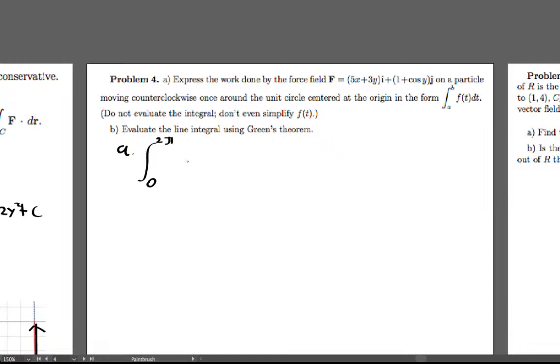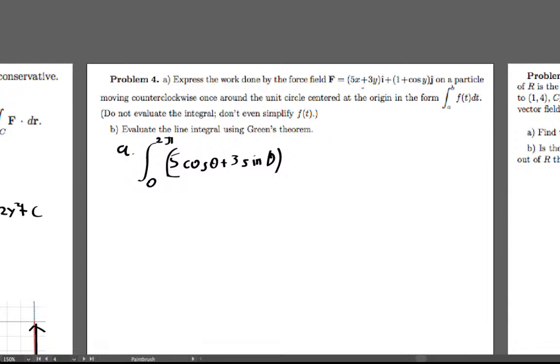When you plug in x, it would be 5 cosine theta plus 3 sine theta, and then you multiply the entire thing by i hat.